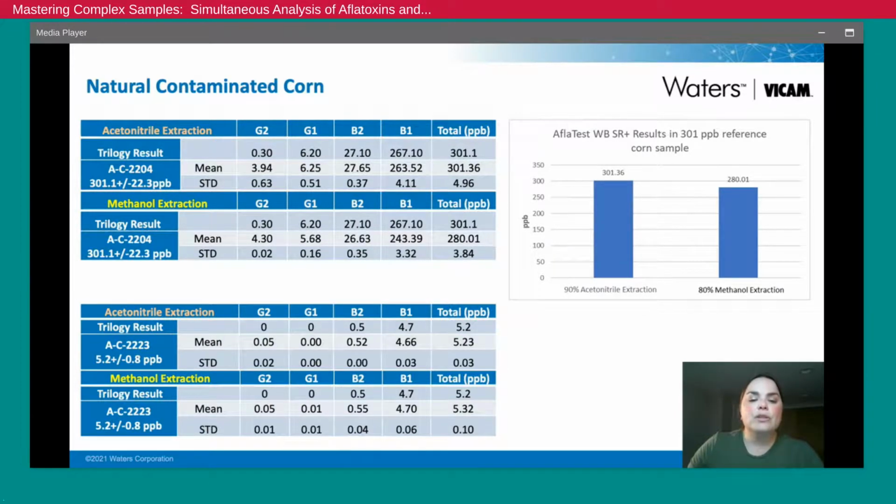With the methanol extraction, you can see that it was a bit lower compared to Trilogy's result, which was 280 in comparison to the 301 ppb. This shows that higher levels of organic extraction clearly extract aflatoxin out better, and with our column being able to tolerate the higher solvent, it makes for an overall better extraction with immunoaffinity cleanup.